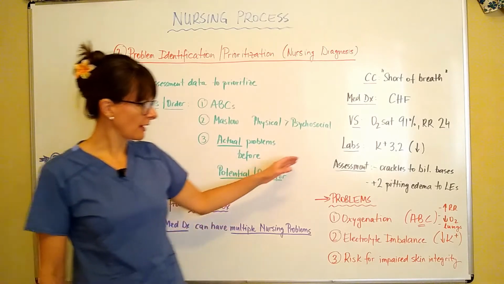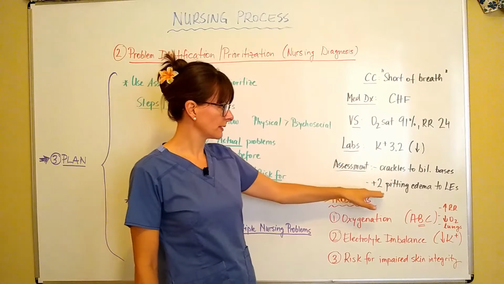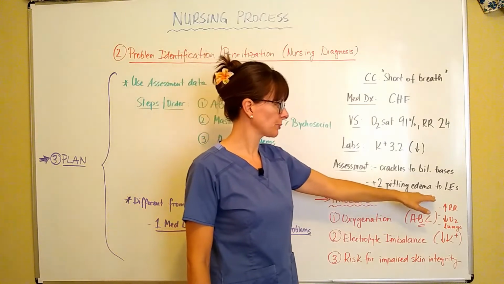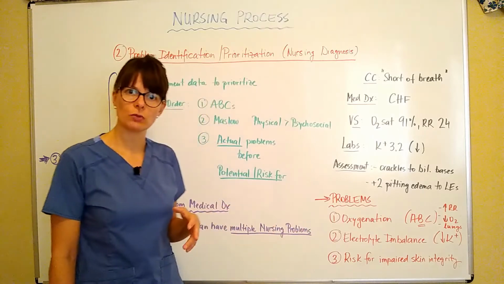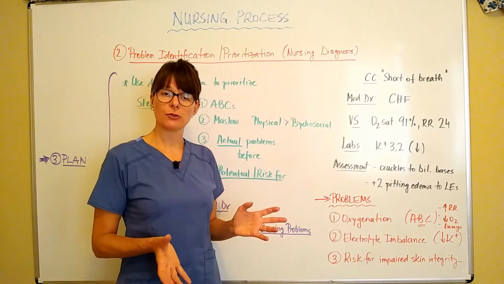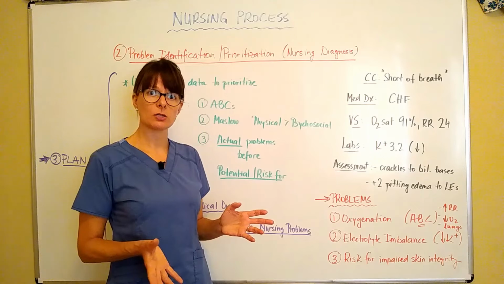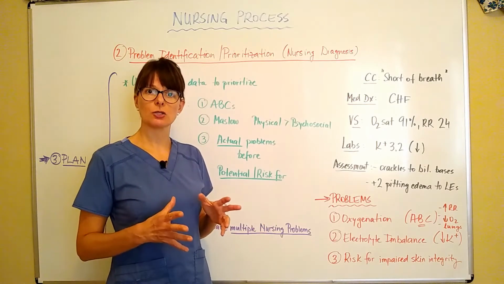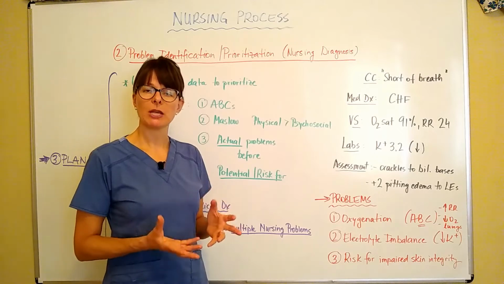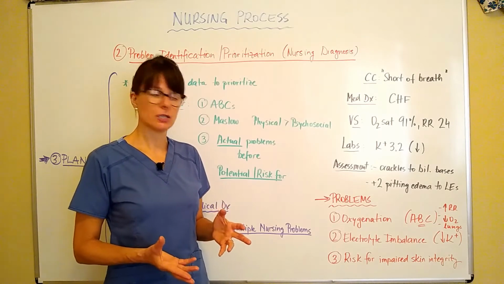The third thing that's abnormal is that the patient has +2 pitting edema to the lower extremities. Certainly I'm going to have to assess the patient in greater detail and do a thorough skin assessment on these lower extremities. But I know that when that fluid is in the interstitial space of the legs, the patient is at risk for impaired skin integrity.